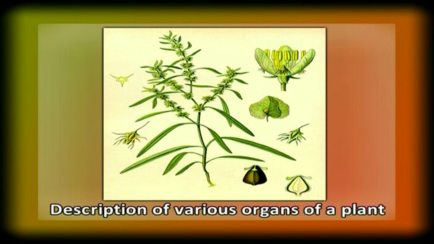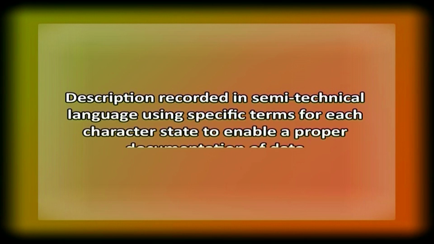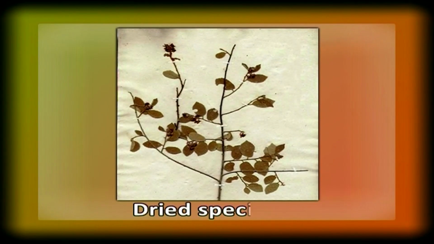For example, flower color may thus be red, yellow, white, etc. The description is recorded in semi-technical language using specific terms for each character state to enable proper documentation of the data, whereas a fresh specimen can be described conveniently. The dry specimens need to be softened in boiling water or in a wetting agent before they can be described.